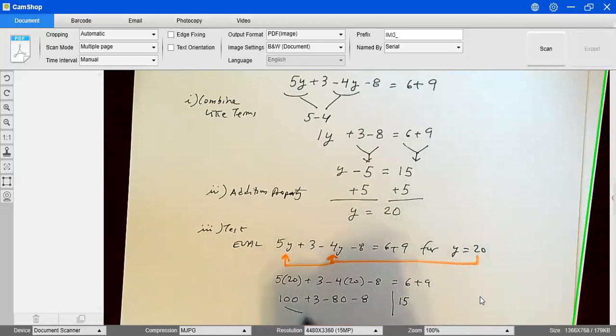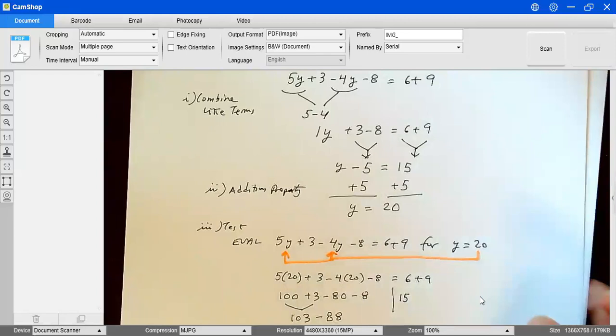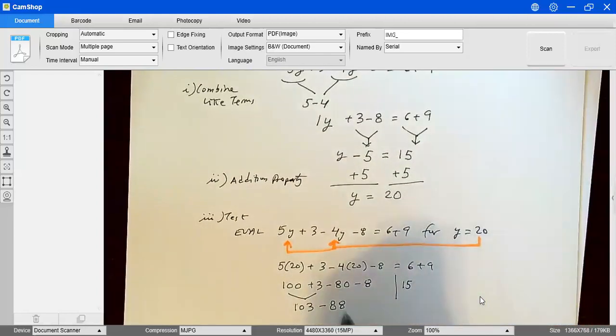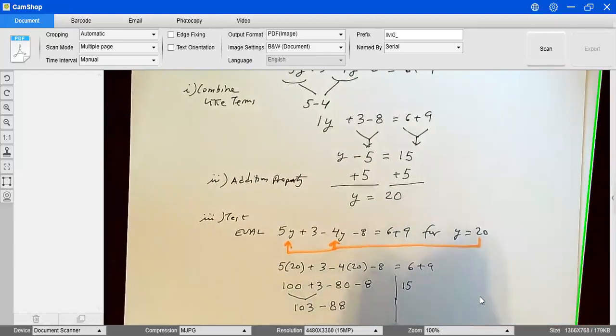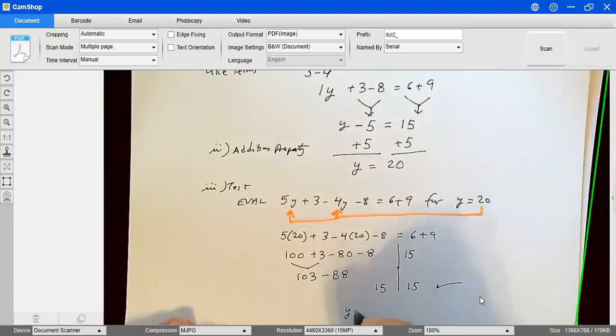If you combine positives, you get 103. If you combine negatives, you get negative 88. And finally, you just need to end this operation. You can do it by hand or by using your calculator, and you're going to find 15 equals 15. So this is true.